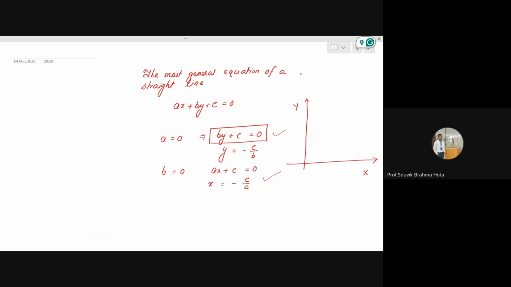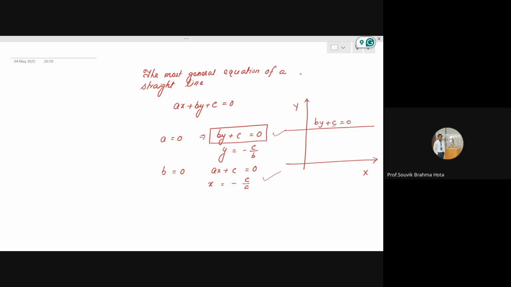So by plus c is equal to 0 means it will be a line which will be parallel to the x-axis. It does have this c intercept, with a value corresponding to y, but there is no x value. So it is parallel to the x-axis.